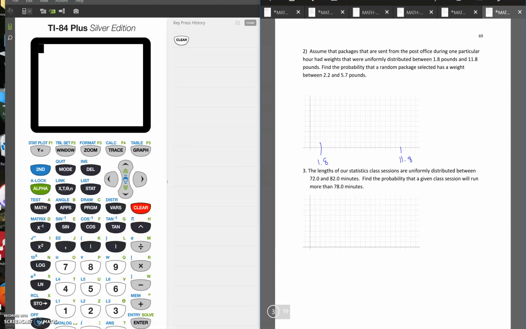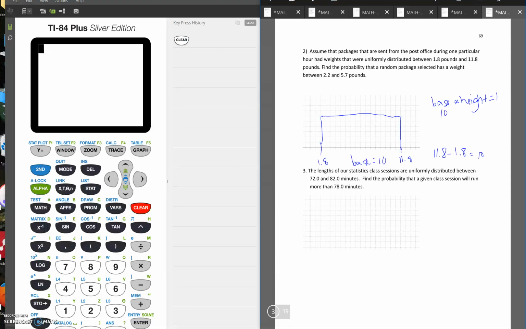We know the area of the rectangle must multiply to be 1. So remember, this is our base, and our base times the height must equal 1. Our base here, going from 1.8 to 11.8, is a width of 10, and we can tell that by doing 11.8 minus 1.8, which is 10.